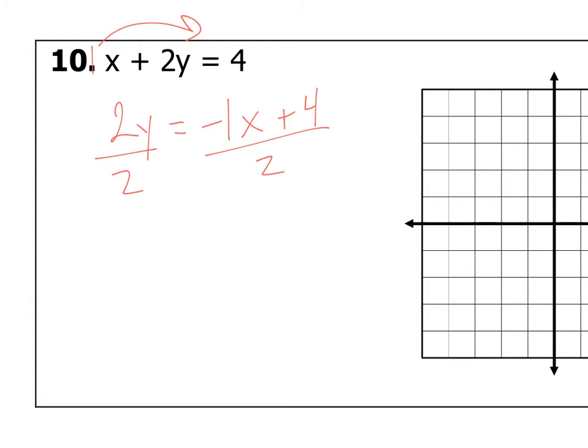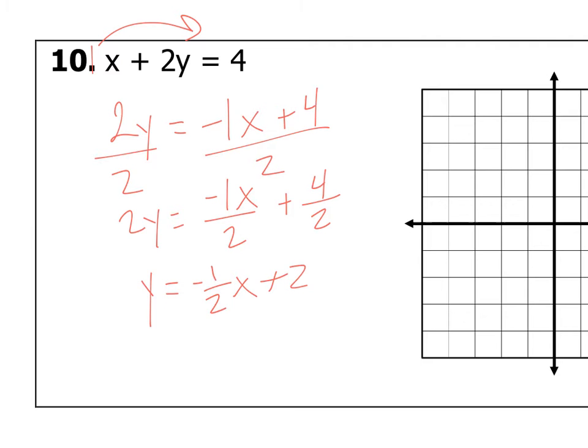Notice how I write both terms on the right-hand side being divided by 2. That really means the same thing, guys, as this. So don't be fooled. When I write that, it means the same thing as that. So we're dividing both terms by 2. I really don't need to do much with my slope. We'll just leave that as negative 1/2 x. We'll simplify that to say plus 2.